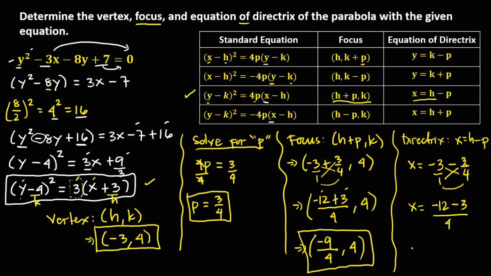Then simplify, so we have x equals negative 12, negative 3, so the same negative. That's negative 15, so just add over 4. So this is now the equation of the directrix. So we have now the vertex, the focus, and the equation of the directrix.